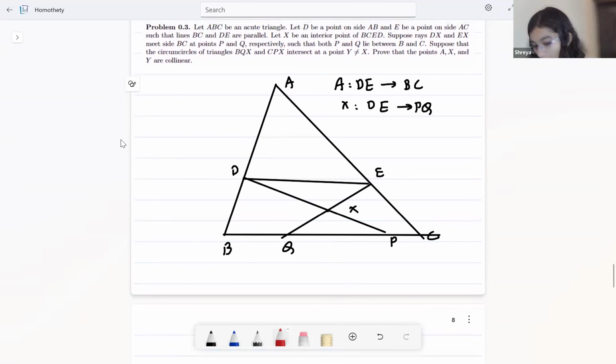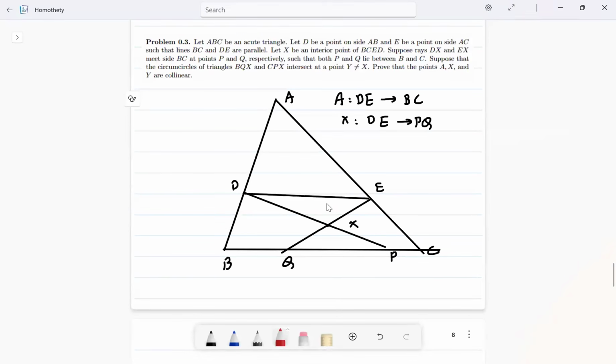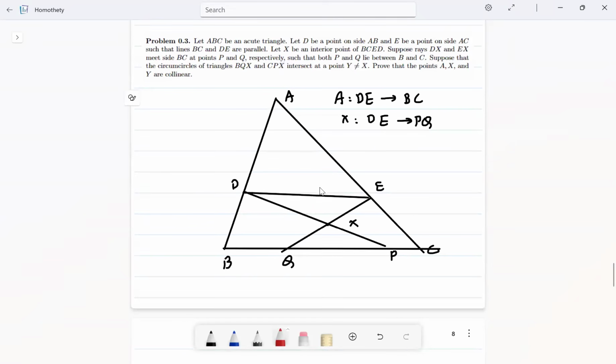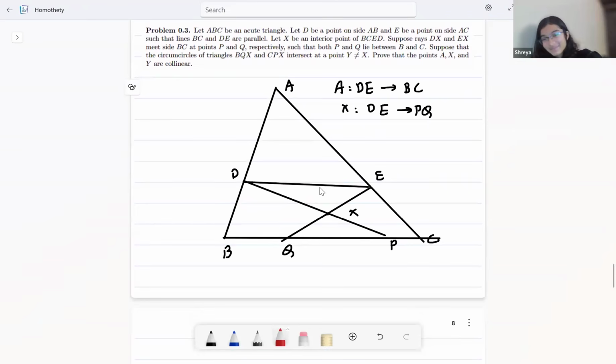Think about all the stuff we've done so far. There is actually a simple solution to this with similarity. Sure, let's hear it.